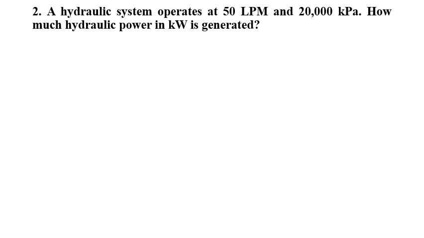Here in the question they have asked to find the hydraulic power. So you already know hydraulic power equals pressure into flow rate. Here they have given the flow rate in terms of liter per minute.